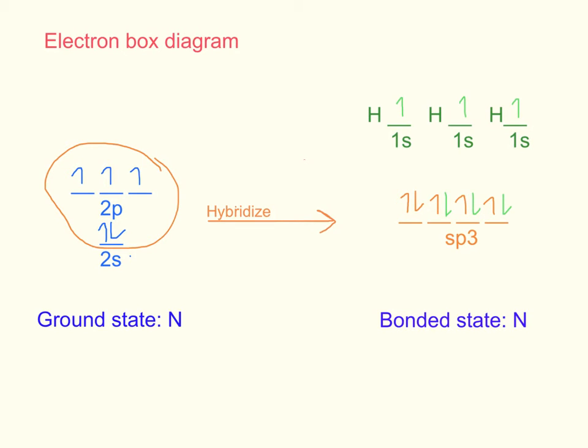And just to be able to recognize which electrons are bonded and which are lone pairs, show that these are the bonded pairs, and then these two are the lone pairs.